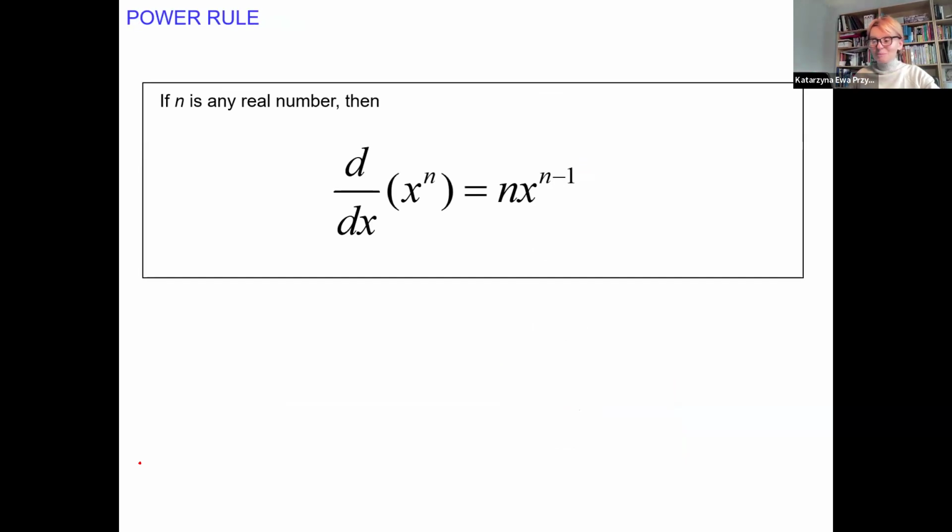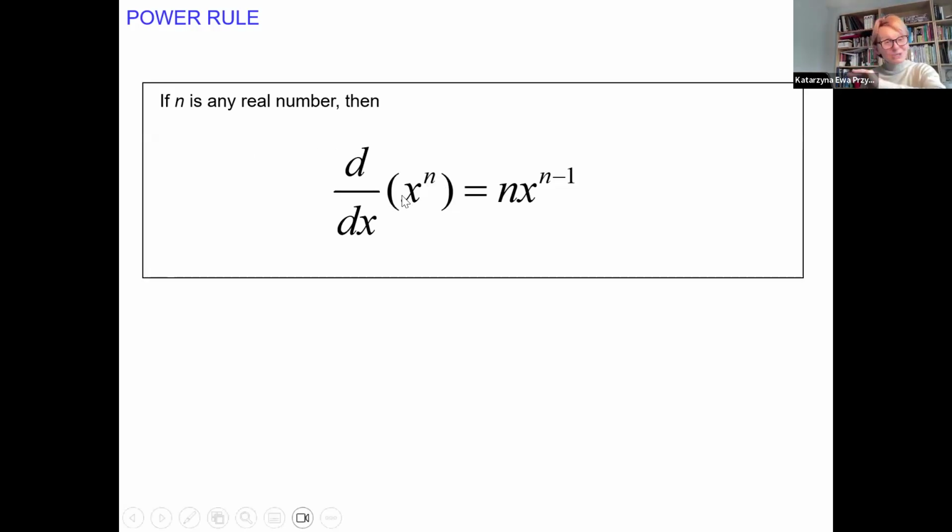Power function, x to the power of n: the derivative of the function x to the power of n with respect to x is n x to the n minus 1. And please note, this rule works for any real number n, not only positive integers. A power function has n a positive integer: x to the power of 1, 2, 3, 4, 5, 6, 7, and so on.